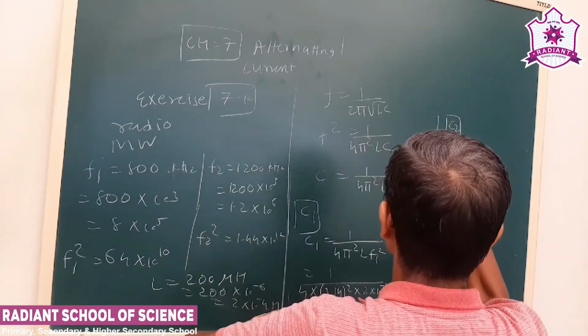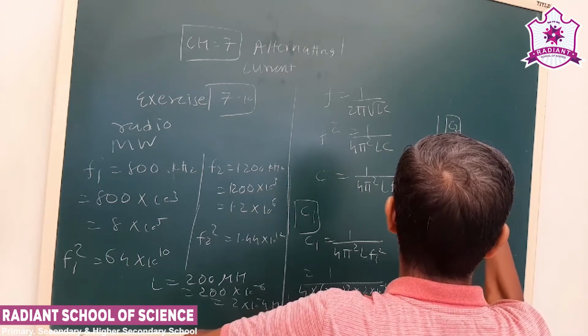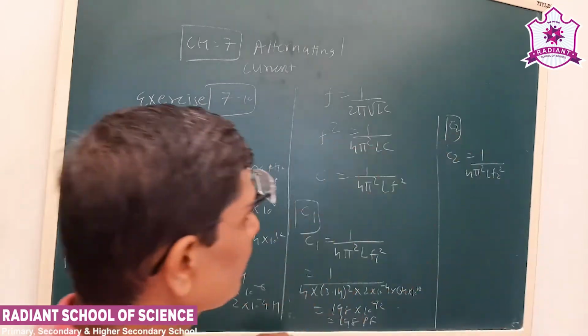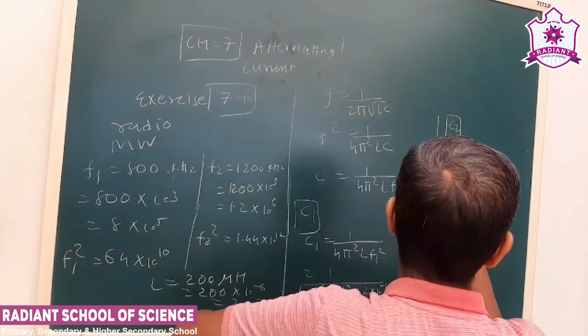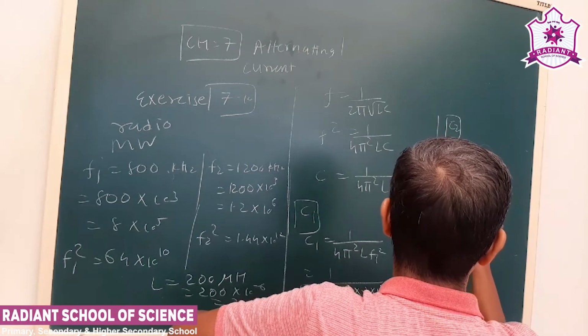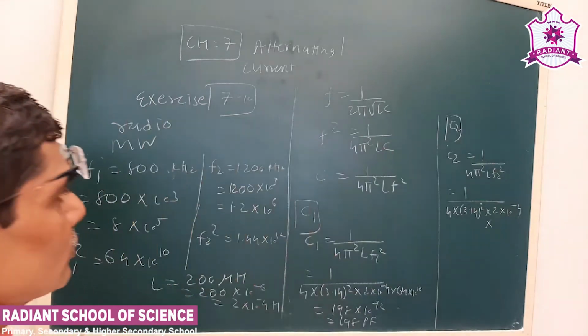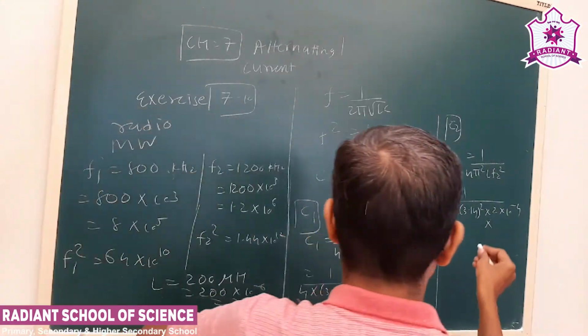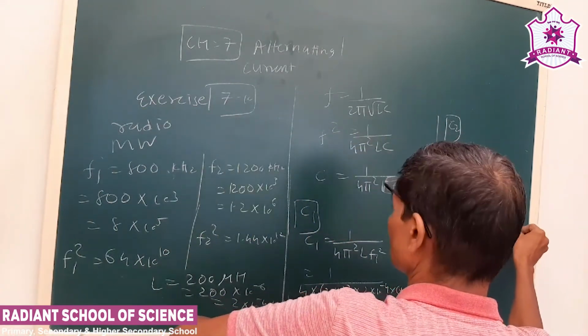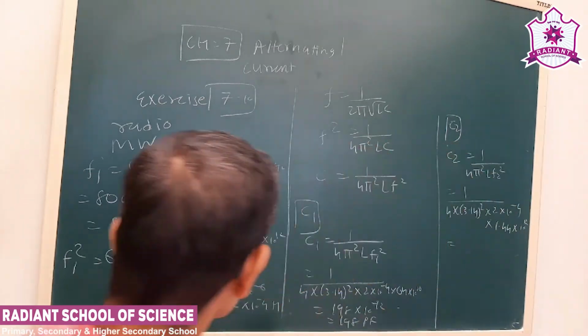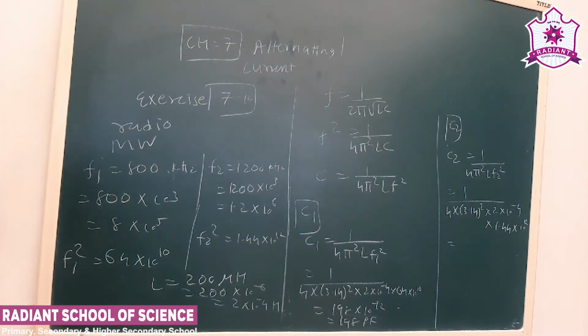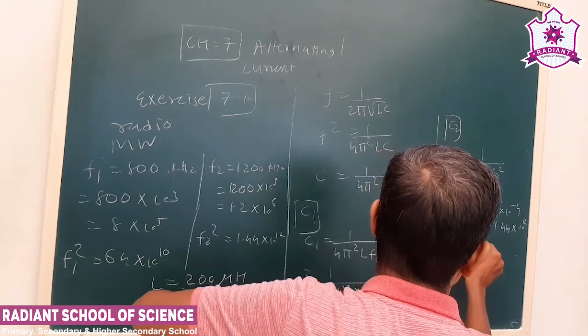C2 will be 1 upon 4 pi square L F2 square. So we can substitute here 4 into 3.14 whole square. F2 square we have obtained. So that will turn out to be 88.